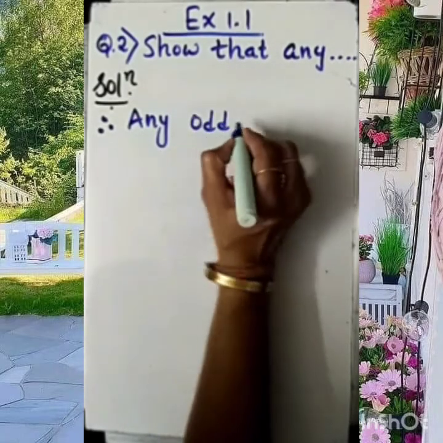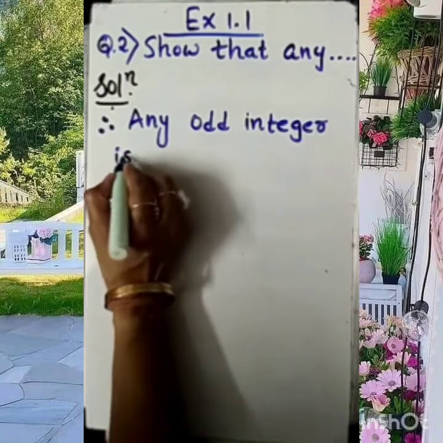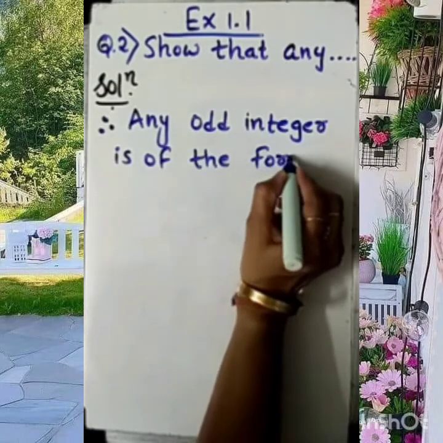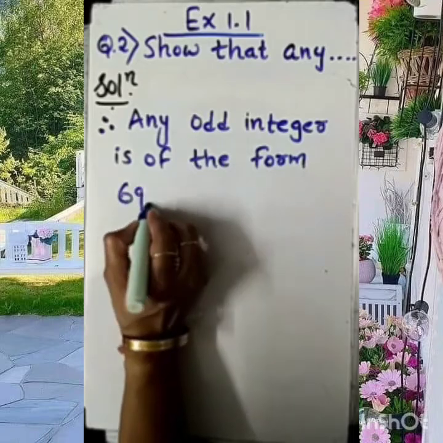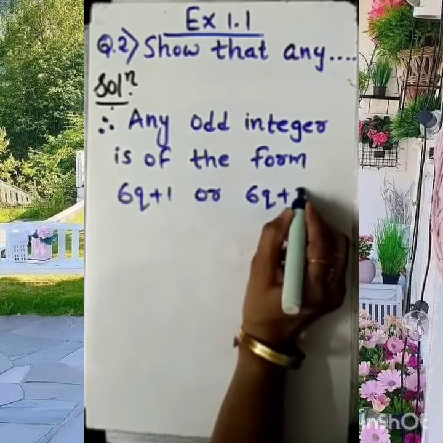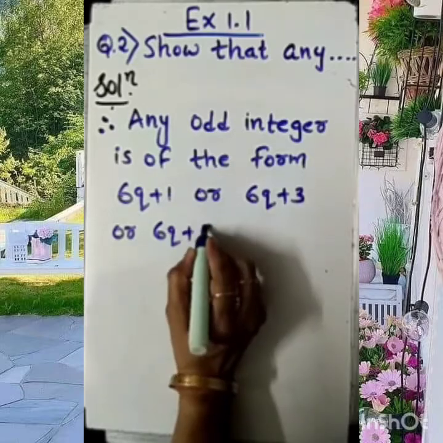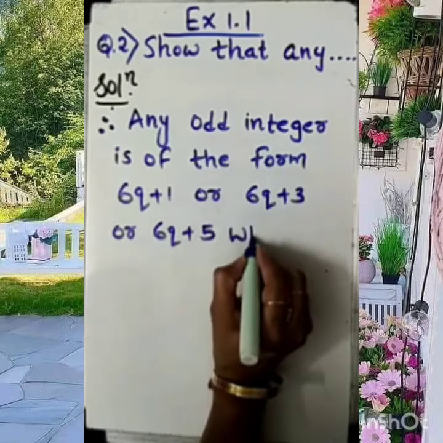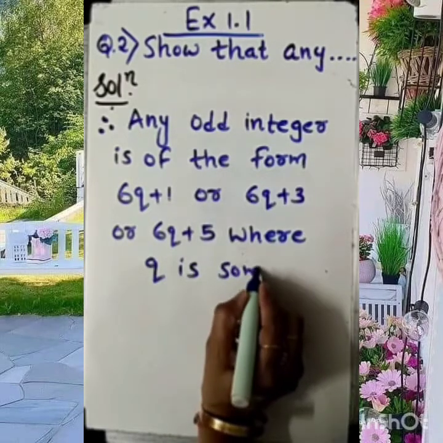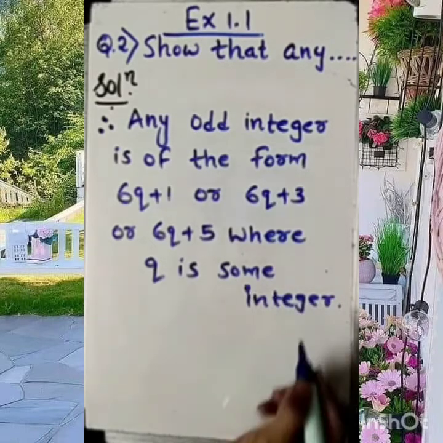Any odd integer is of the form 6q plus 1, or 6q plus 3, or 6q plus 5, where q is some integer. Please keep this in mind.